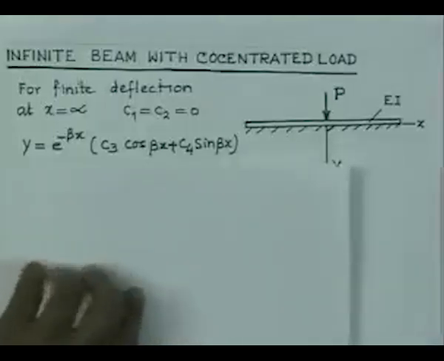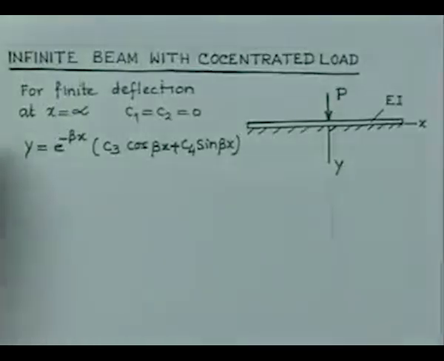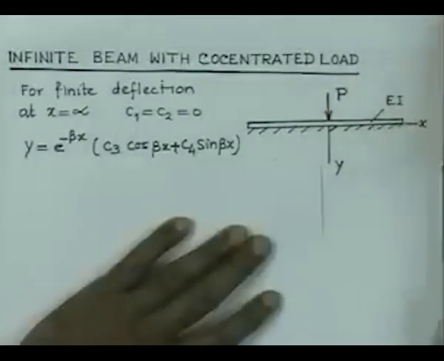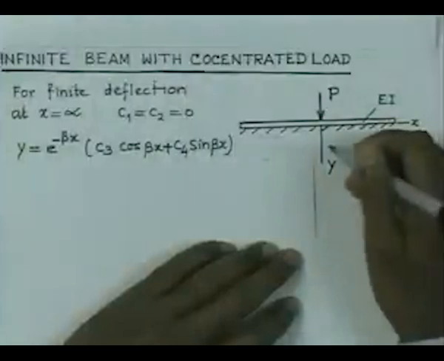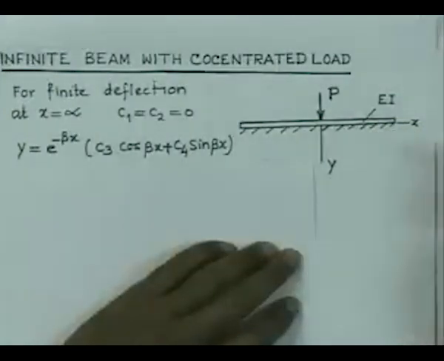Think of it, how do you resolve these constants? We have to make use of the loading conditions and also the boundary conditions. What are the boundary conditions that we can specify a priori? Obviously, one condition is that this beam is going to deflect symmetrically, and therefore, we expect the slope at origin should be 0.